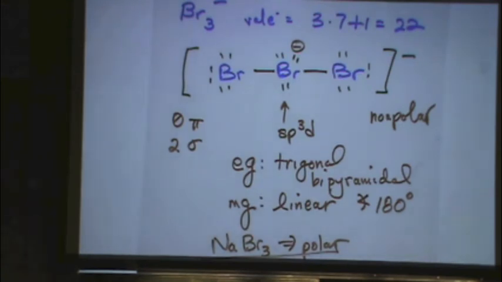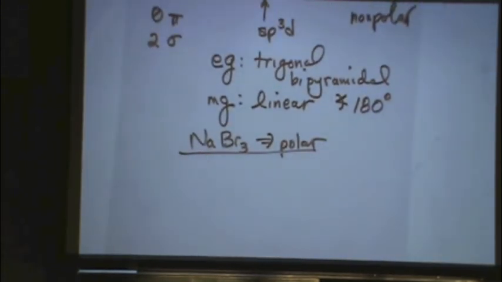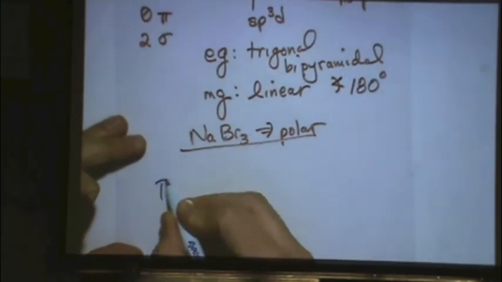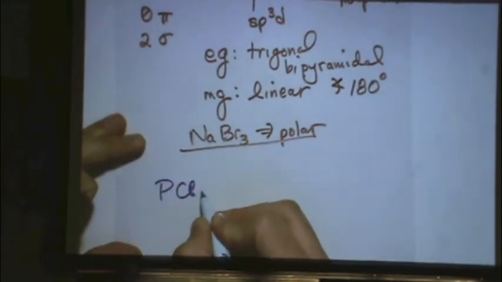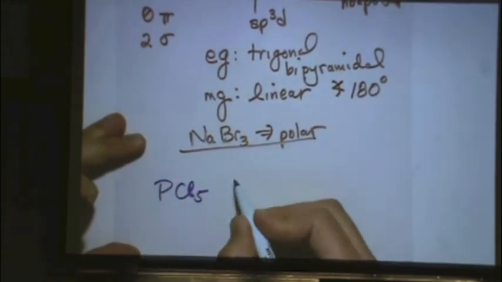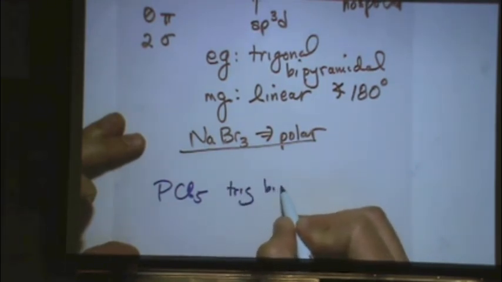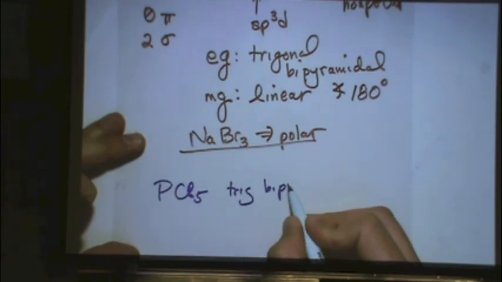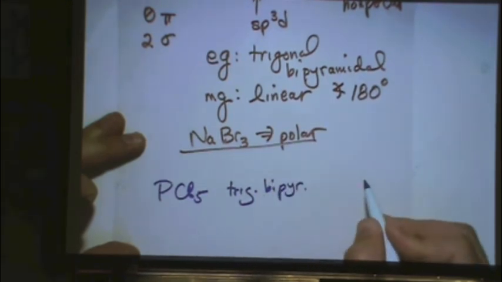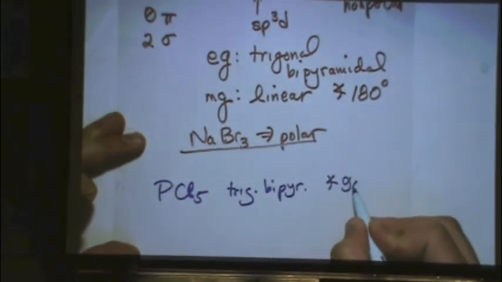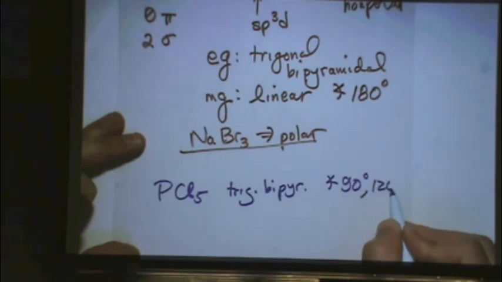Yeah. Can you give us a question with more, yeah, if there's one with multiple angles. So for example, PCl5, this would be a trigonal bipyramidal if you drew out the Lewis structure. And in that case, you should be reporting 90 and 120.